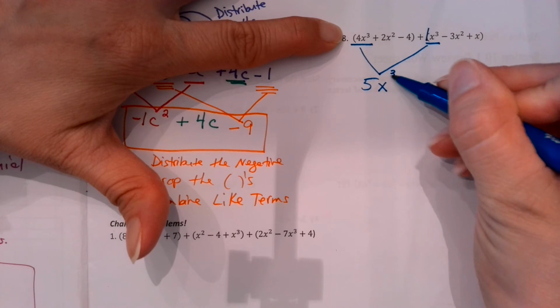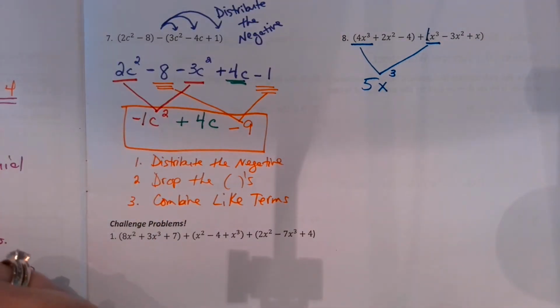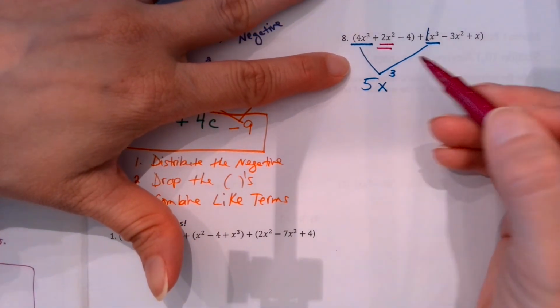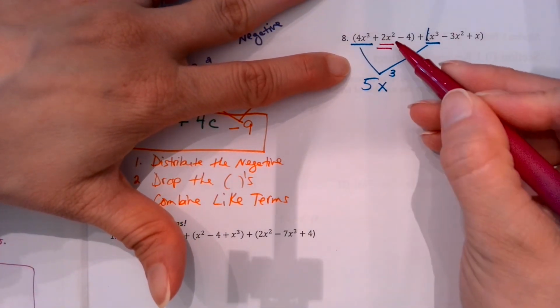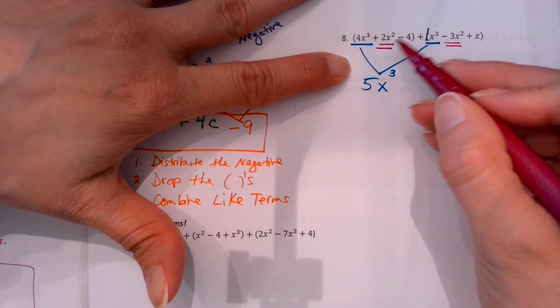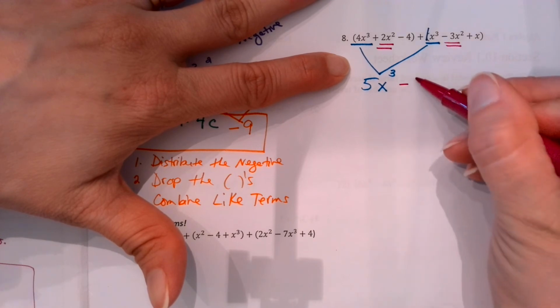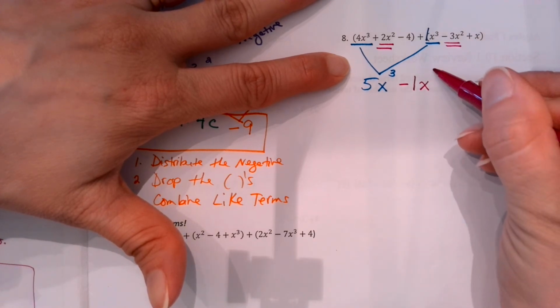5x cubed. Okay, after the cubed powers come the squared powers. I see 2x squared here, and I'm looking for more x squareds to combine him with. We have 2 minus 3, and that makes negative 1x squared.